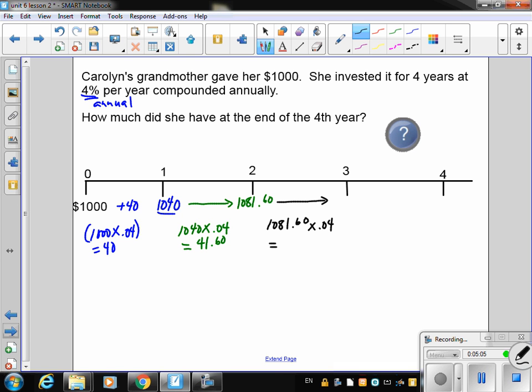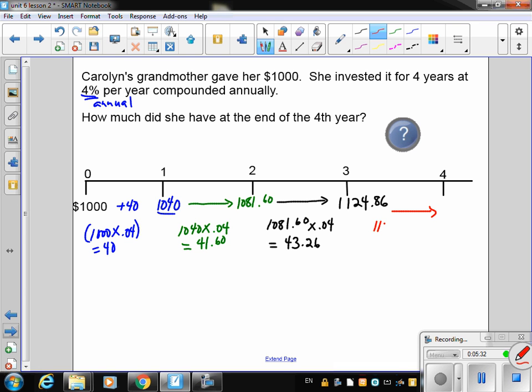Times decimal 0.04, $43.26 this year. So I take my $43.26 and I add it to the $1,081.60, and we get $1,124.86.